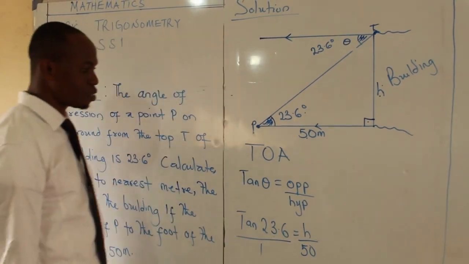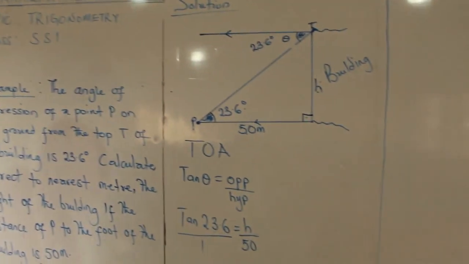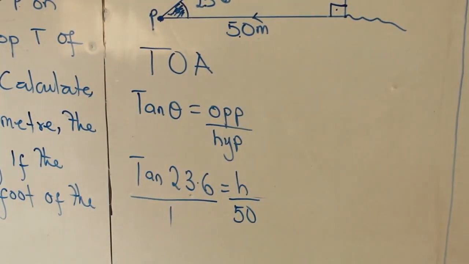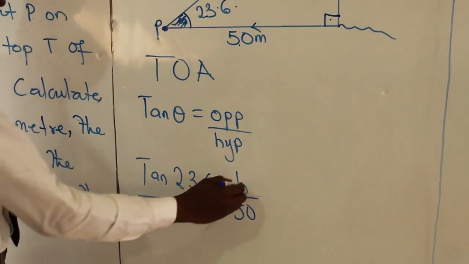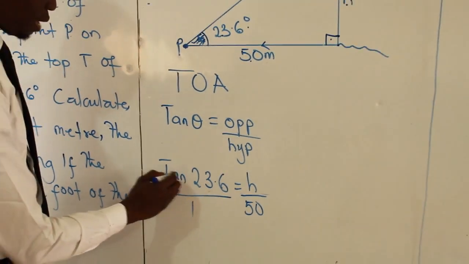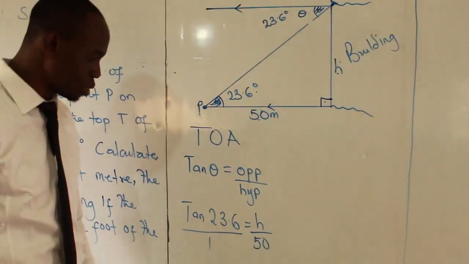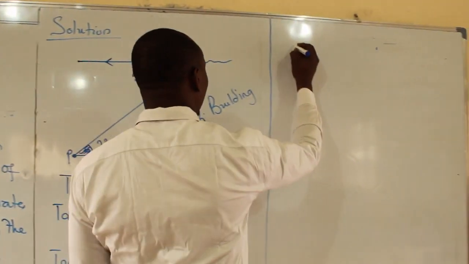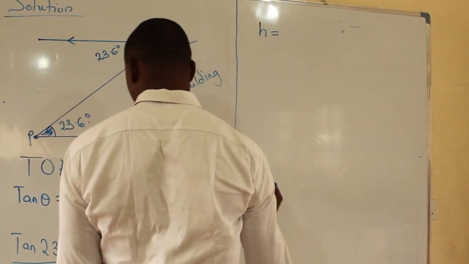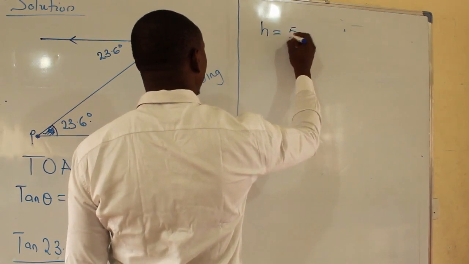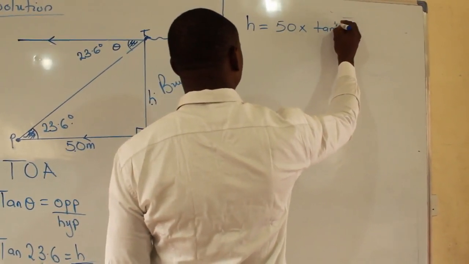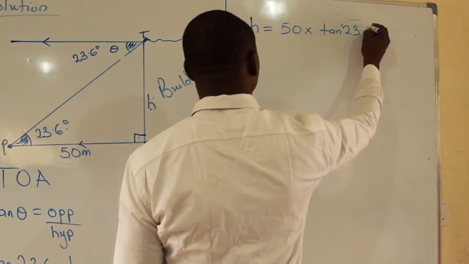So if I have something like this, I'm going to cross multiply to be able to get the height. So I'll multiply 1 and H, and then multiply 50 and tan 23.6. So I have it on the side as H being equal to 50 times tangent 23.6.